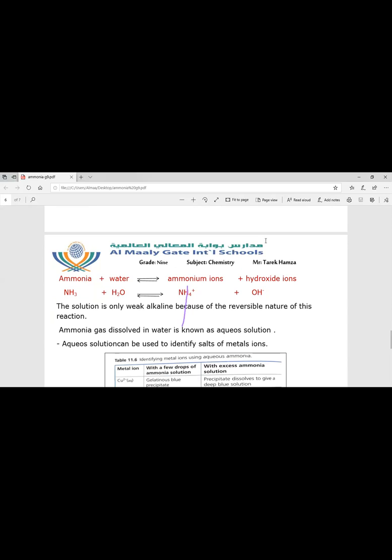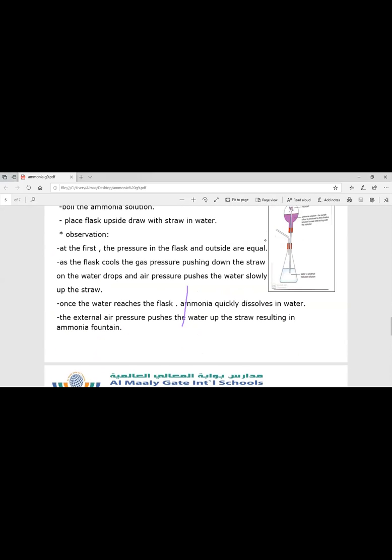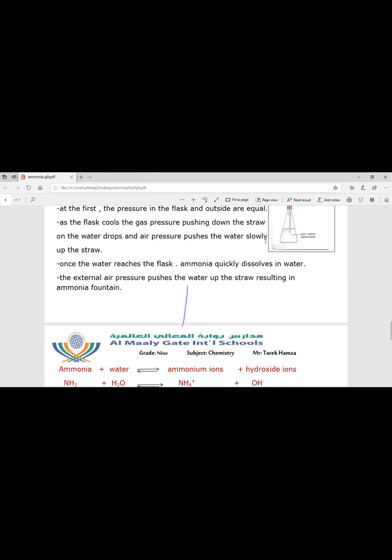The solution is only weakly alkaline because of the reversible nature of this reaction. The solution produced after ammonia reacts with water is a weak alkaline.